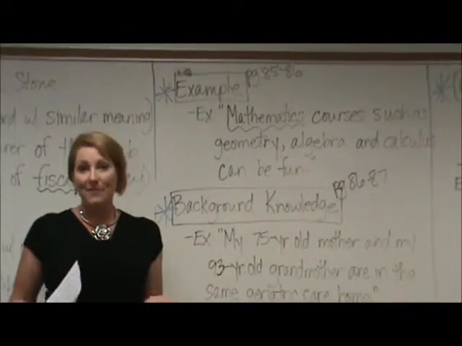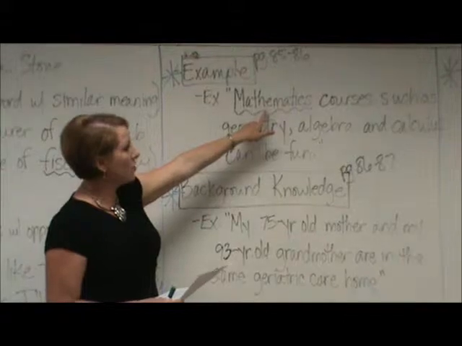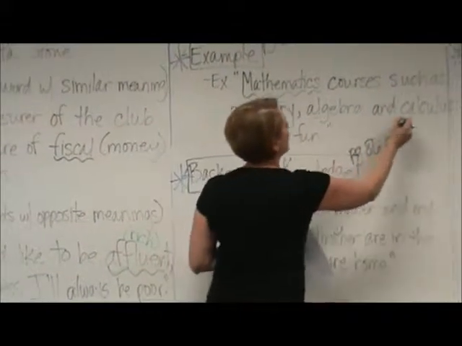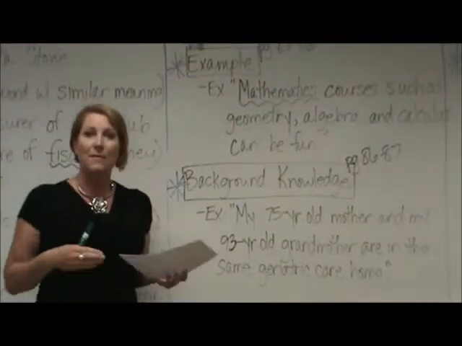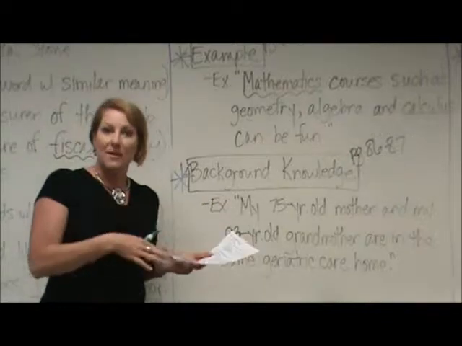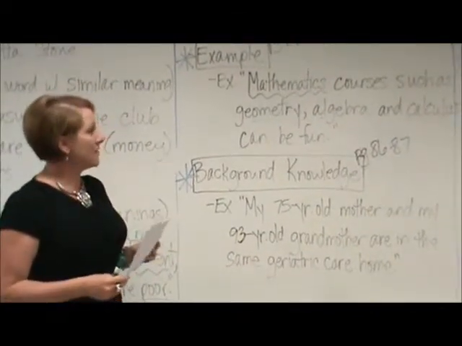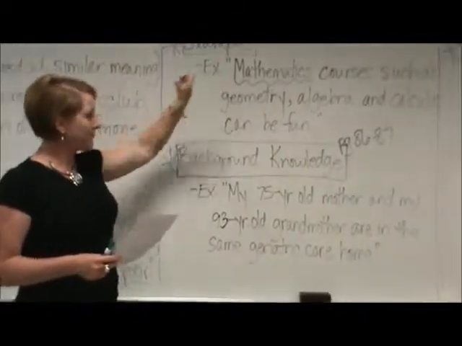We all know what mathematics is, but in case we didn't, mathematics is the unknown word, and then it gives us examples, geometry, algebra, calculus. So now we know, oh, okay, mathematics means geometry, algebra, calculus. And so that's an example clue where it actually gives you examples of the unknown word.